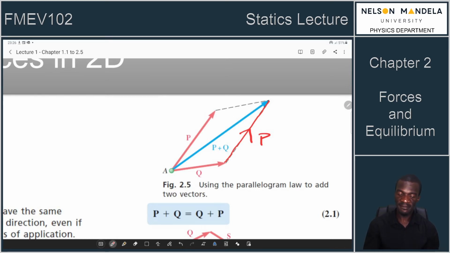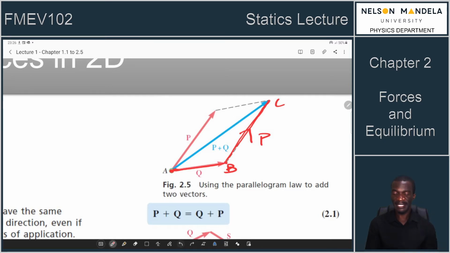For us to then find the resultant, if it were a distance, we would first of all walk from point A to point B. So in other words, you describe vector Q. Then you would have to walk from point B to point C. In other words, you describe vector P. So mathematically, the two vectors are simply summed up in that format.